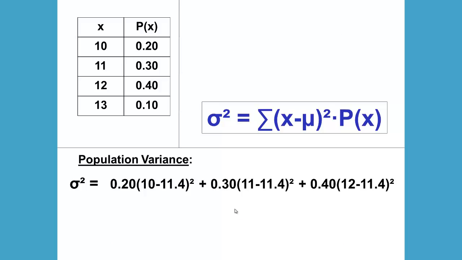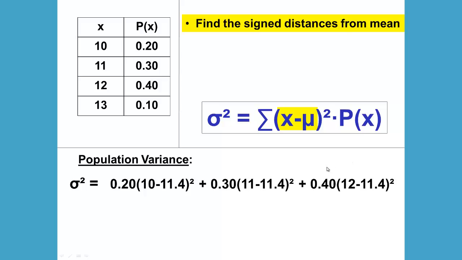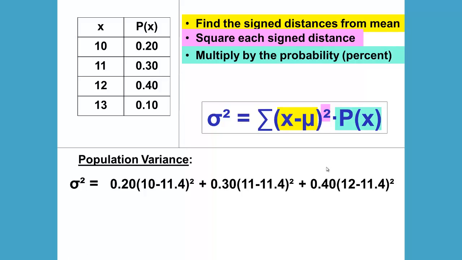Now to develop the formula for our variance. Here's our formula. The population variance equals the sum, because we added, of x minus the mean squared, which is the signed differences squared, times the probability of x. Find the signed distances from the mean, that's the x minus the mean. Square each signed distance, that's the squared.